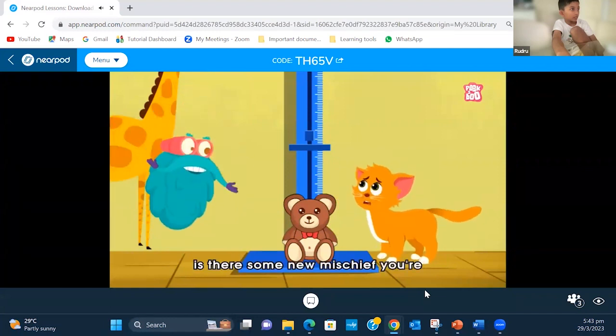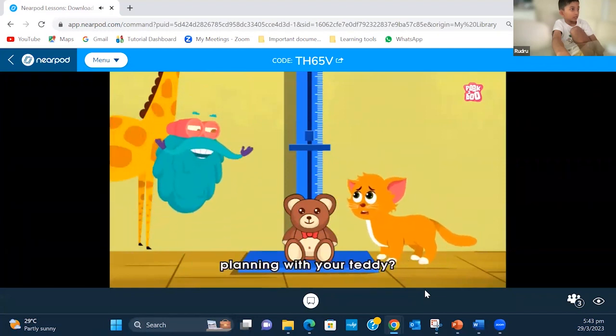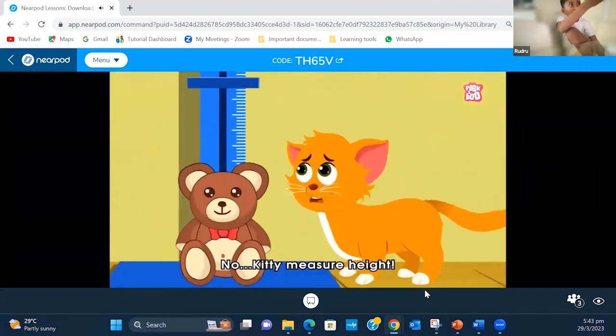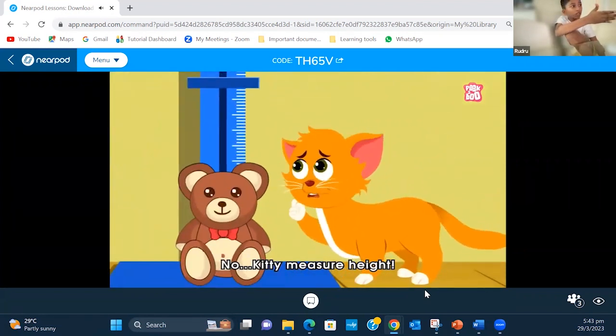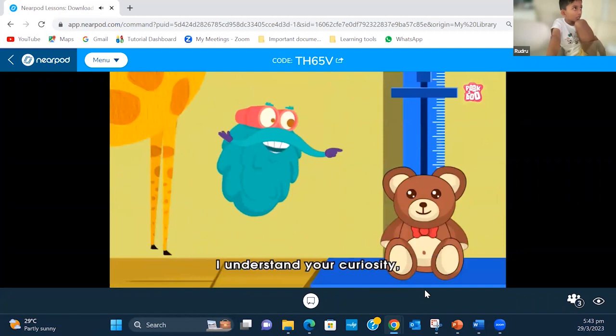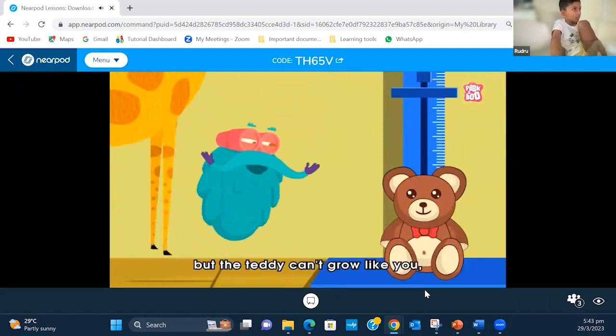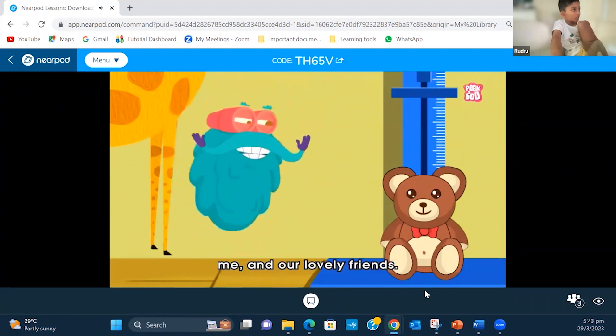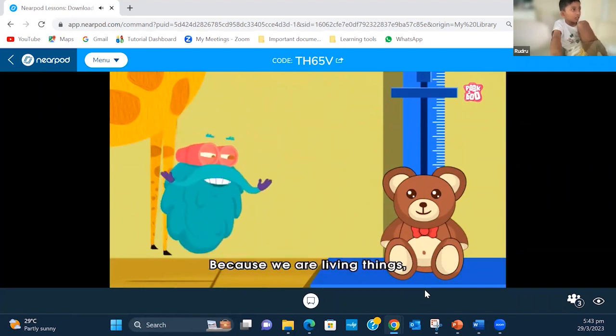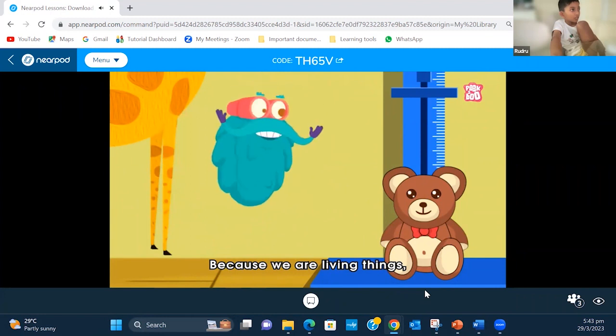Hey, Kitty. Is there some new mischief you're planning with your teddy? Measure height. Oh dear. I understand your curiosity. But the teddy can't grow like you, me, and our lovely friends. Because we are living things.